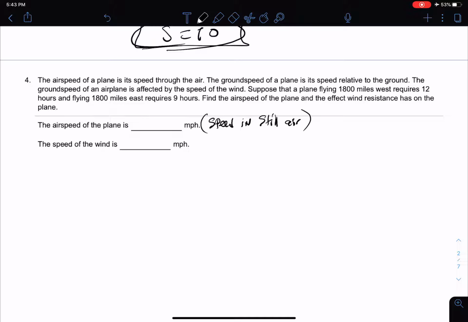I'm going to go ahead and draw a picture because for me, that's always the way to go, especially when I'm teaching. Okay, where did it go? So suppose, here it is right here. Suppose that a plane is flying 1,800 miles for 12 hours.